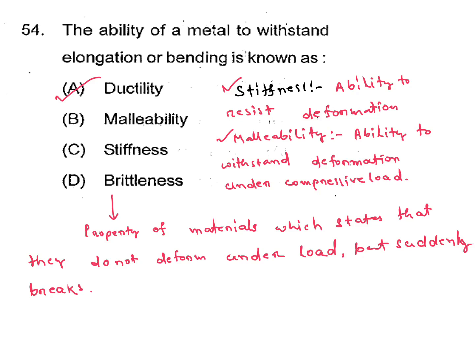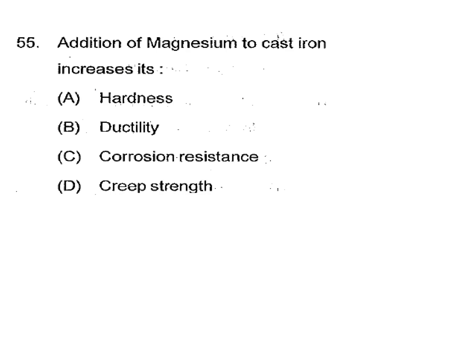Addition of magnesium to cast iron increases its: if magnesium percent increases in cast iron, then strength in tension increases.